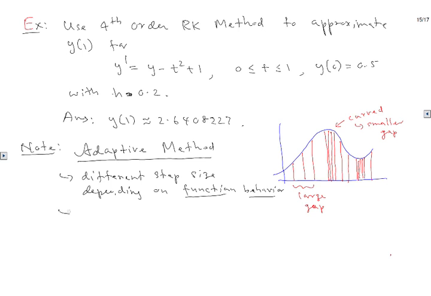This method is called the Runge-Kutta method.